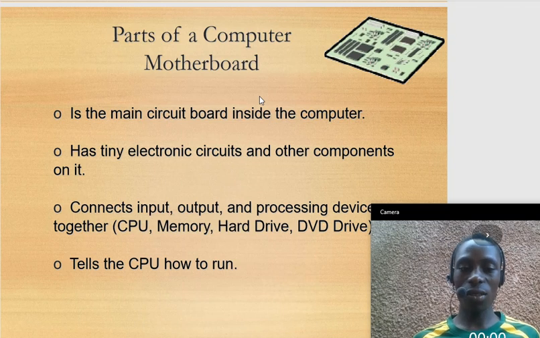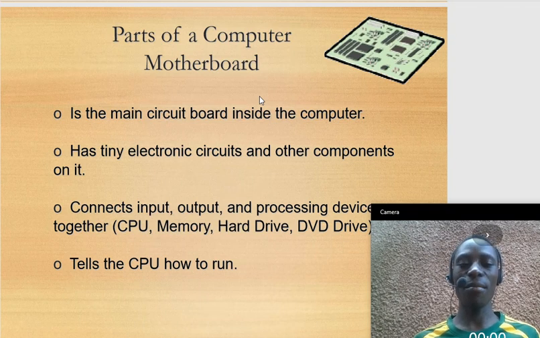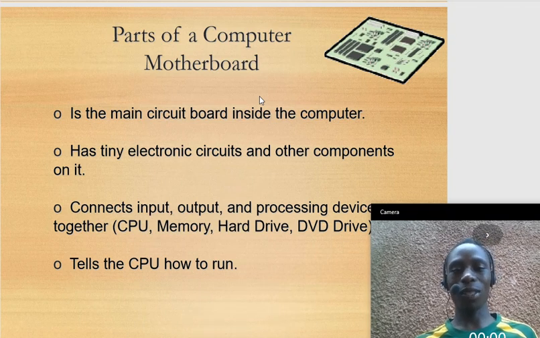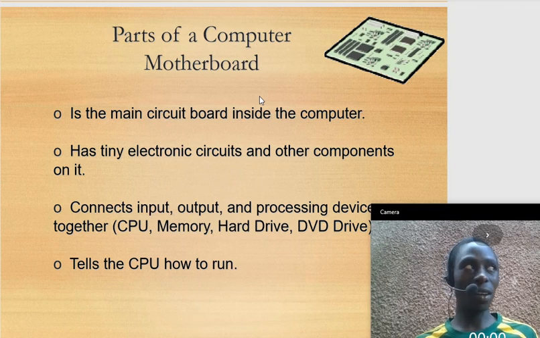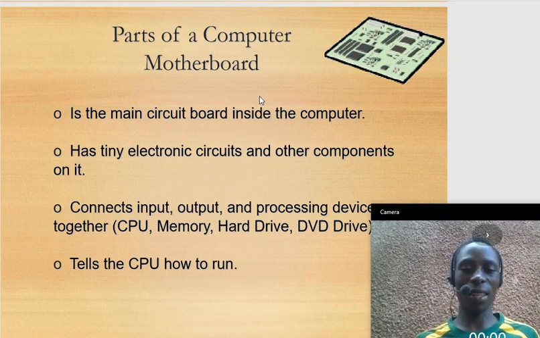The student was actually brave and said, you know what? At home we have the mother and we have the father. So if we have the motherboard, I expect us to have the fatherboard. But it was unfortunate that I couldn't present a fatherboard there. But in real sense, we don't have a fatherboard in computers.